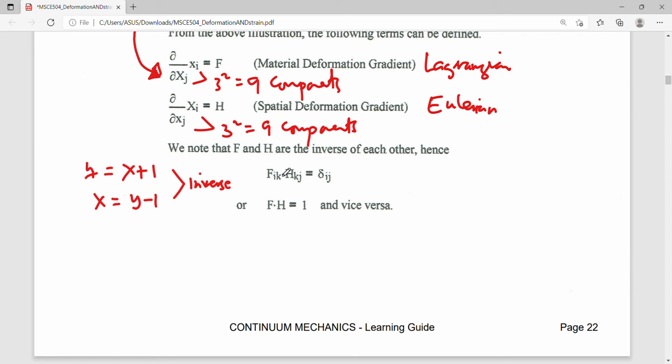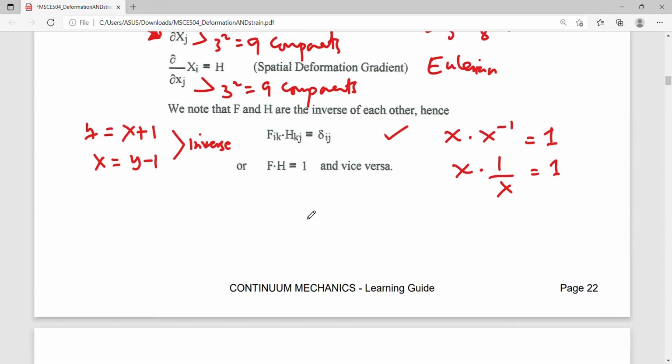Okay, so it's just like saying what is x times x to the negative 1, the inverse of each other, so this is 1. Or simply x times 1 over x is equal to 1. So this is a property that must be satisfied. Or in terms of straightforward notation, f dot h is simply equal to 1, or vice versa.